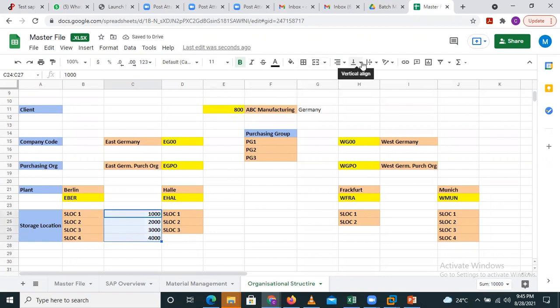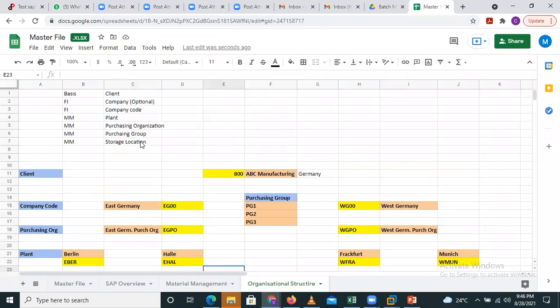One question: have we missed sales organizations, from the sales and distribution point of view? Currently, we are only focusing on organization units from the MM point of view. In third-party procurements or other procurements, we are going to define our sales organization as well. There are different organization units for each module.